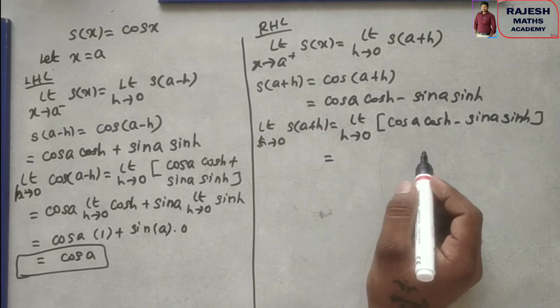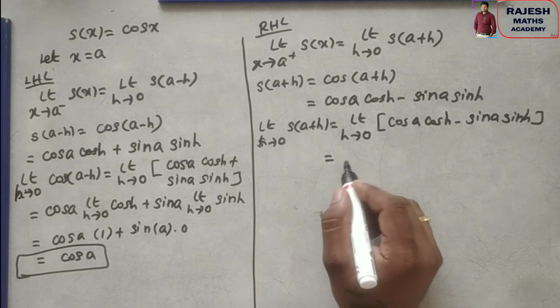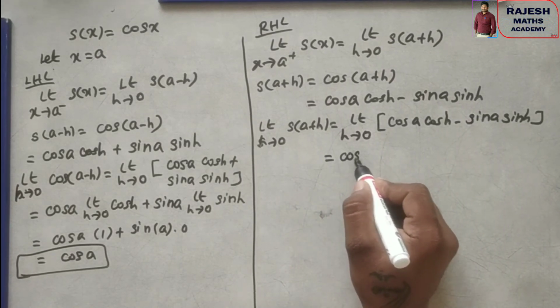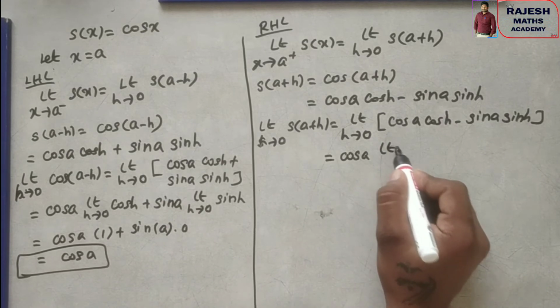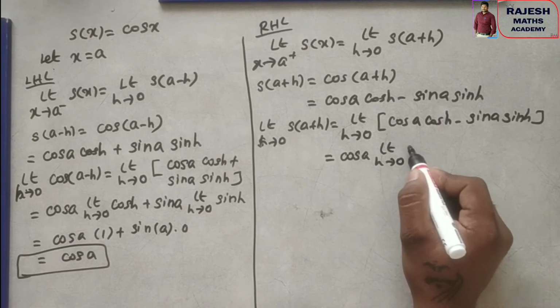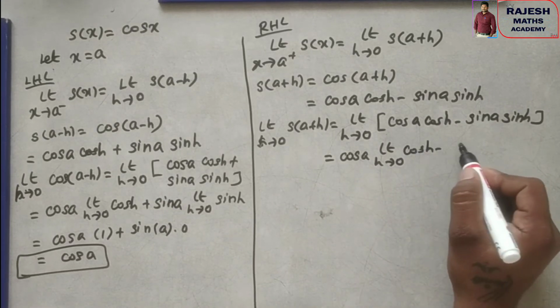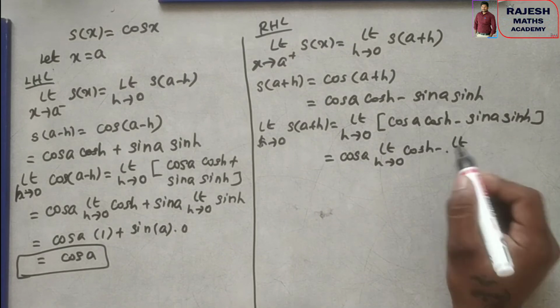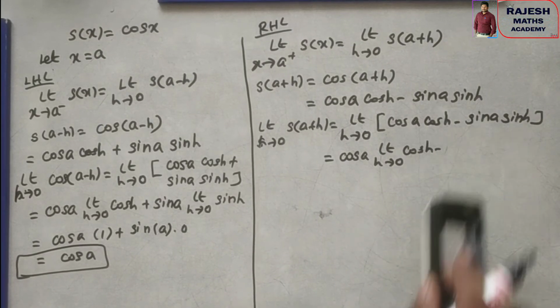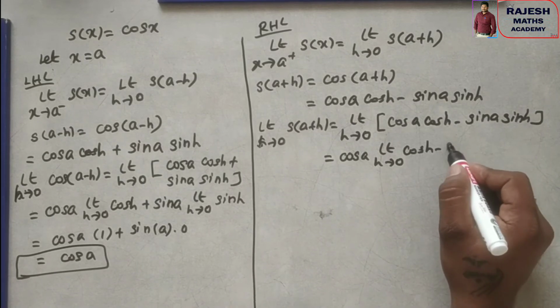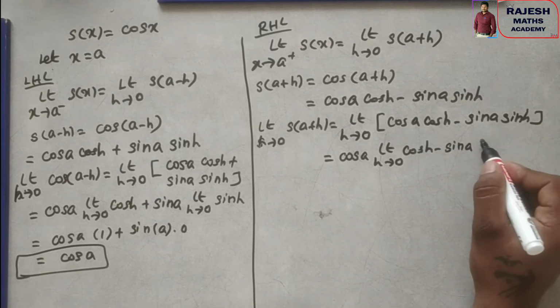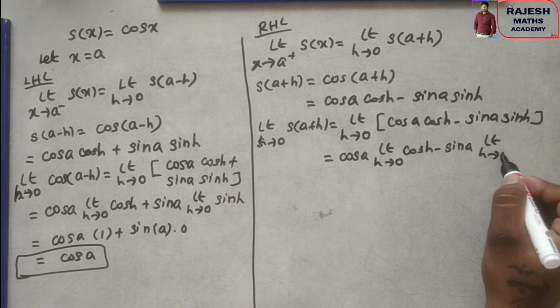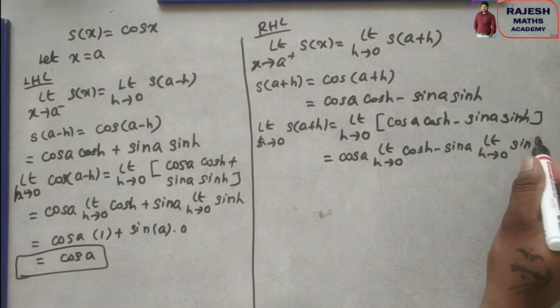Now whatever is independent of h we have to take outside. So cos a is independent of h. The remaining will be limit h tends to 0 of cos h, minus similarly the second term also independent of h is sin a, so sin a will be taken outside. Remaining limit h tends to 0 of sin h.